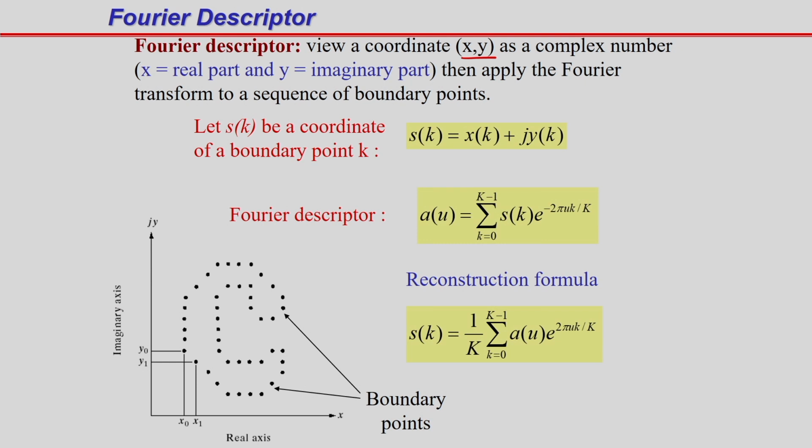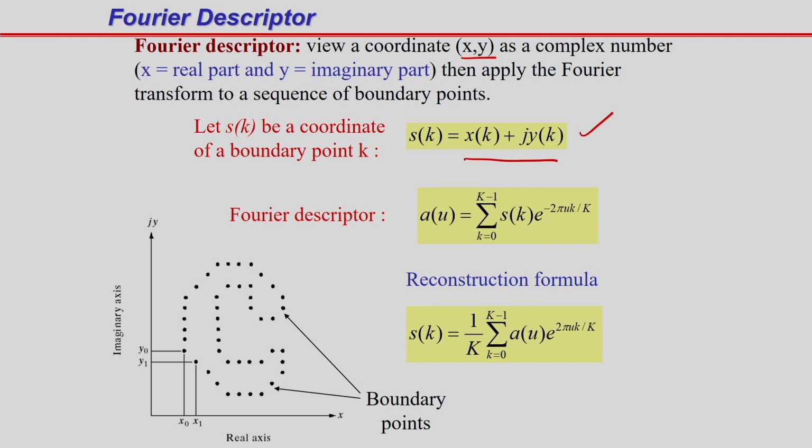So the boundary point is xk plus jyk, that is the complex number. Let sk be the coordinate of boundary point k, with the x coordinate as the real part and the y coordinate as the imaginary part. So I am getting the complex number.